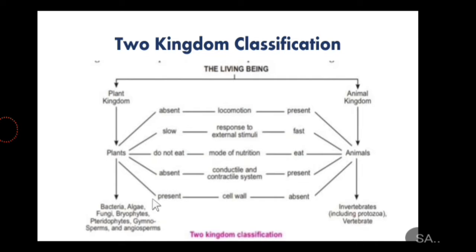So which organisms were included in plant kingdom? They were bacteria, algae, fungi, bryophytes, pteridophytes, gymnosperms, and angiosperms. And animal kingdom included invertebrates, including protozoa, and vertebrates. Protozoa are unicellular organisms, but they are eukaryote.